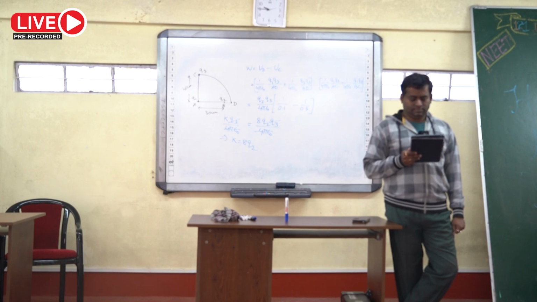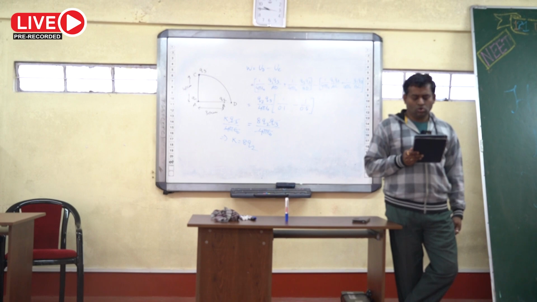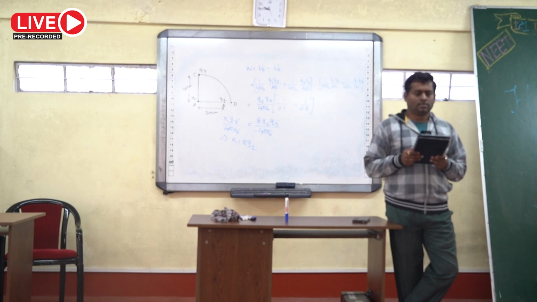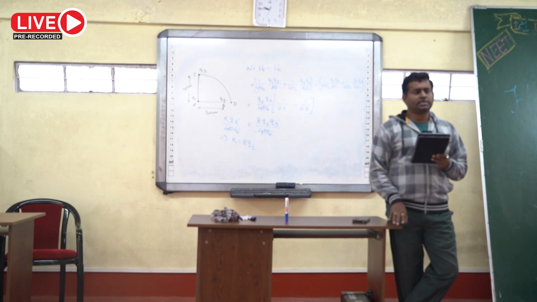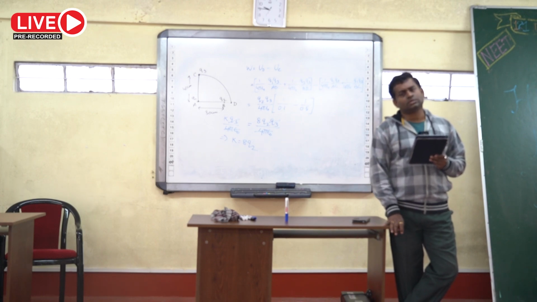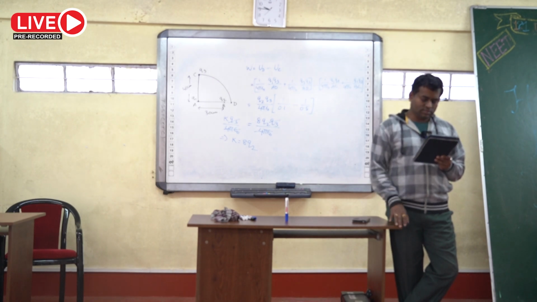Option B. The change in energy stored is half CV square, bracket starts, 1 by K minus 1, bracket close.